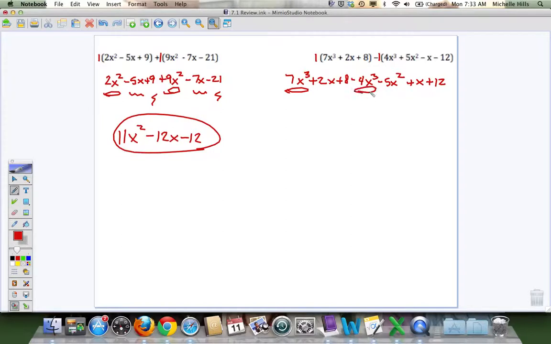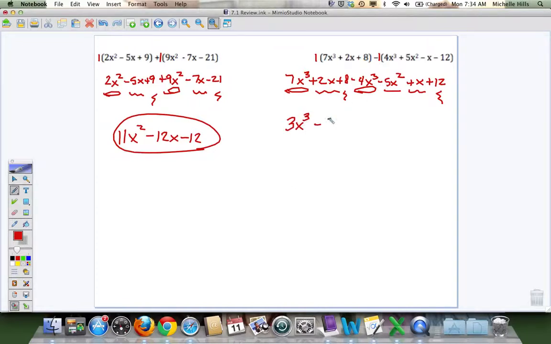So I've got a couple of x cubed terms, I've got a couple of x terms, I've got a couple of constants, and I only have one x squared term. X to the third power would go before x to the second power, before x, before the constant in my final answer. So 7x to the third power minus 4x to the third power gives me 3x to the third power.